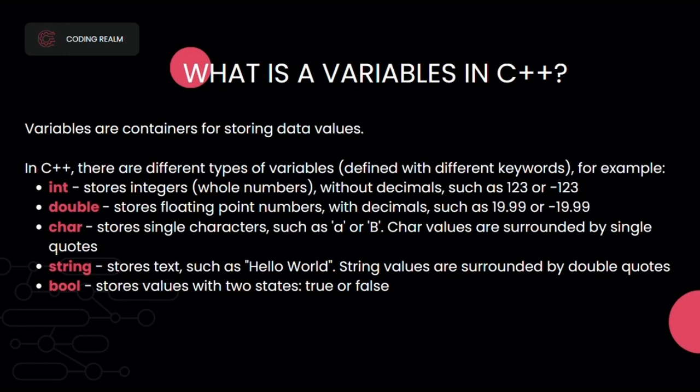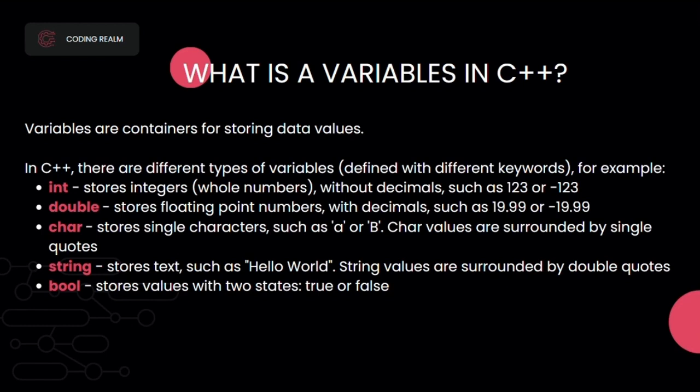It can be a capital character or a small character, like A and B here. The char values are surrounded by single quotes. To define a char, or a character, I need to use single quotes. Next, the string.